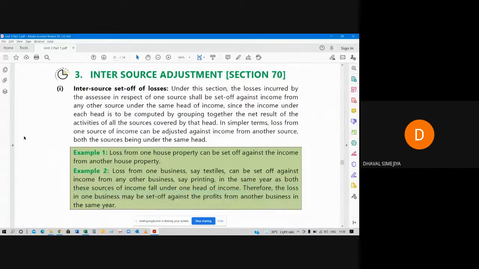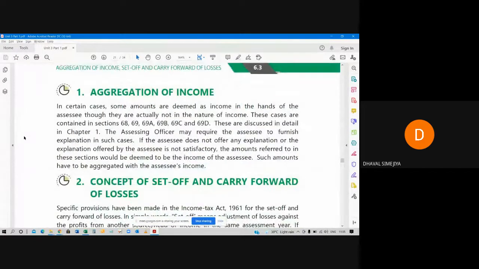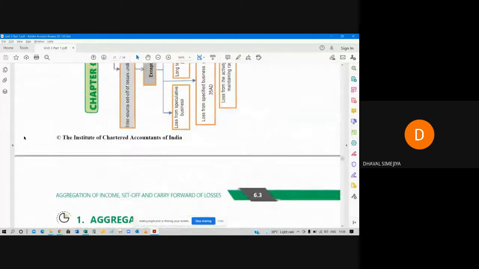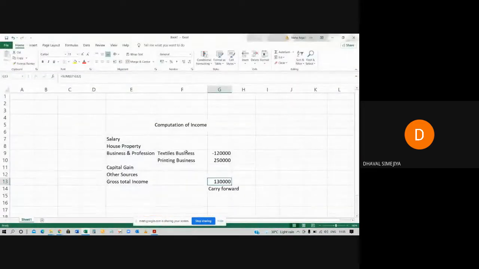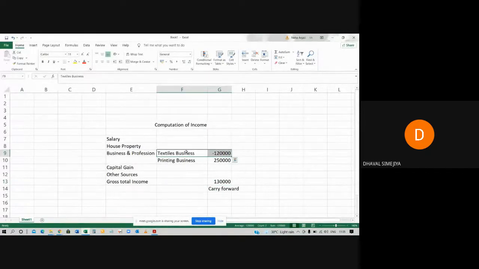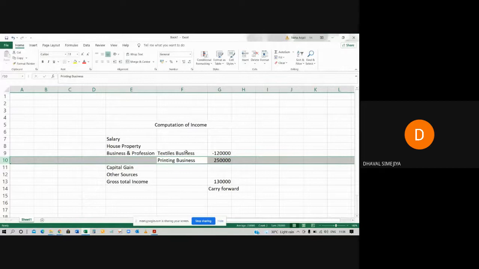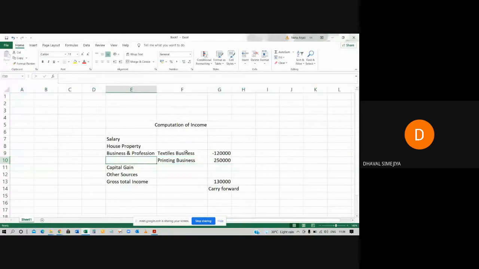We have started topic number 2 of module 3, that is set off and carry forward of losses. Set off and carry forward of losses is mainly divided into 3 parts: inter-source set off, inter-head set off, and carry forward of losses. Now, what is inter-source? Inter-source set off means loss from one source, that is PGBP, profit and gain from business and profession, will be set off against profit of another business, but same head. Same head means PGBP.